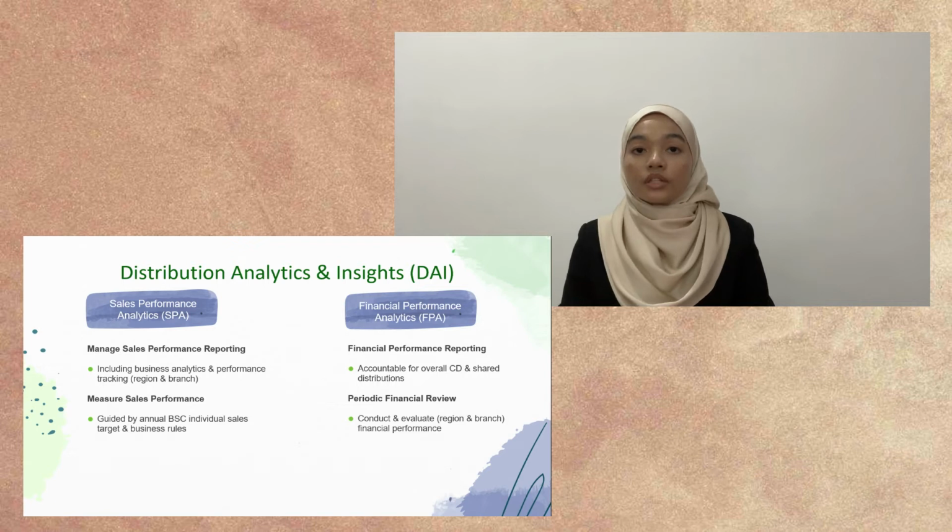Now move on to the next team, which is FPA, where they mainly focus on preparing data from pivot tables and also financial performance reporting. Lastly, they are accountable for conducting and evaluating region and branch financial performance so that they are always on track.